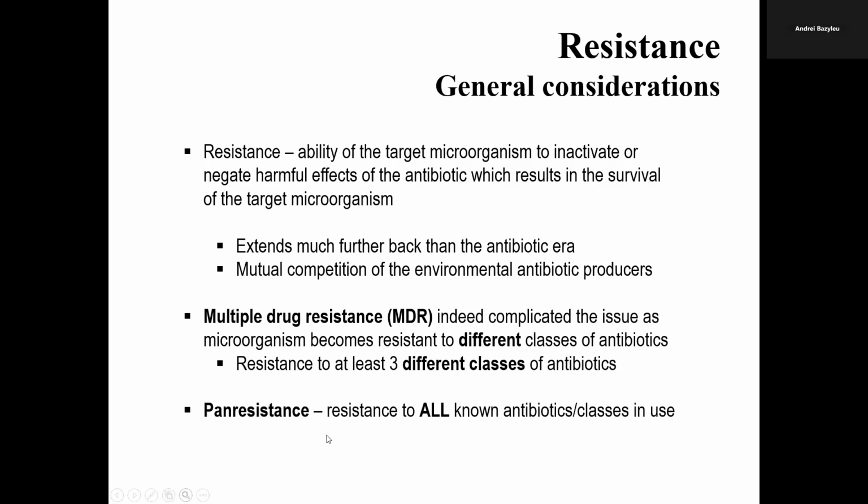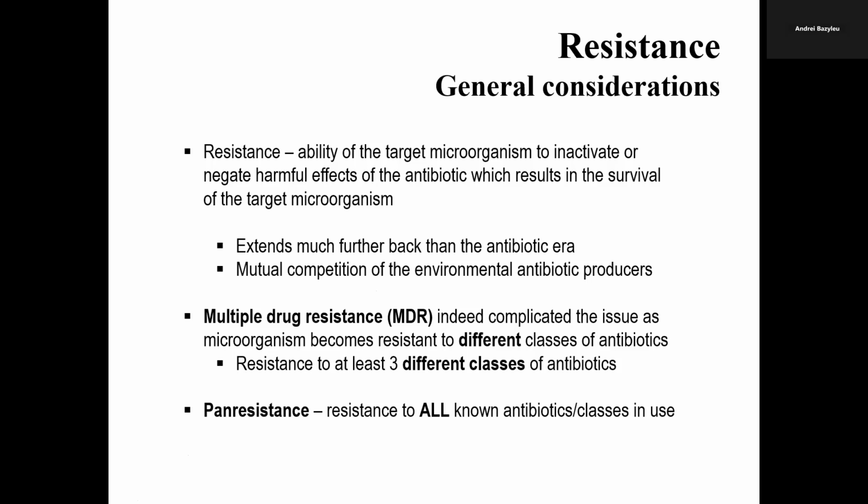So, like I said, both are very dangerous. MDR obviously a little bit less so than the pan-resistant. Pan-resistance is very dangerous, almost a death sentence to a person, especially if the person is either very young, like a toddler, or an elderly person, with both of these categories of people having a weakened immune system.